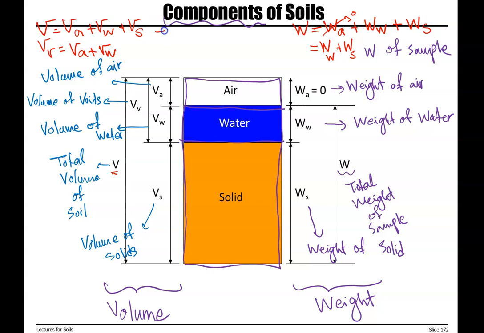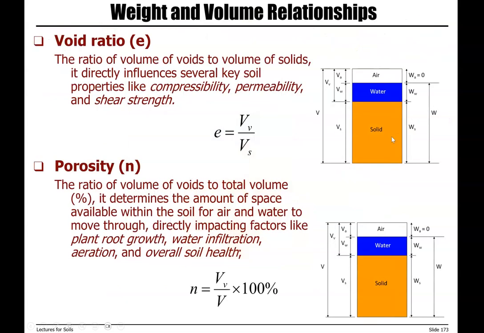So we can say total volume is also equal to volume of void plus volume of solids. So when we know some of this information, we can actually complete our phase diagram, and then we can calculate properties of soil.